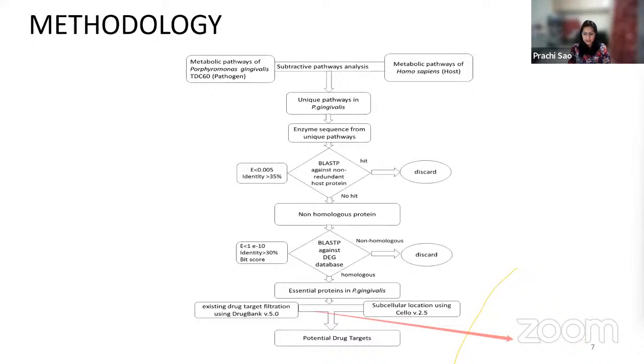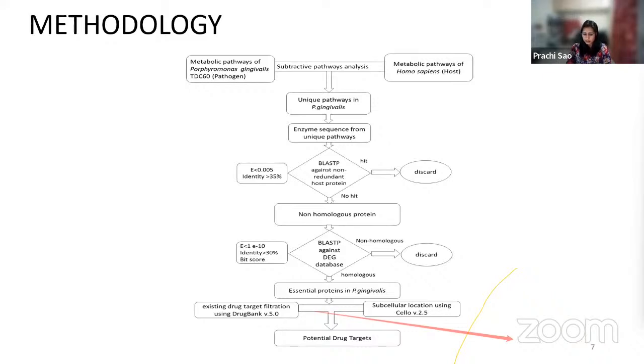There are databases with interactions that are also listed in DrugBank. Here also we use BLAST, but it is an inbuilt BLAST in DrugBank, so you don't need to run it separately. If the number of sequences is small, we can directly go into the database and do the BLAST study there.